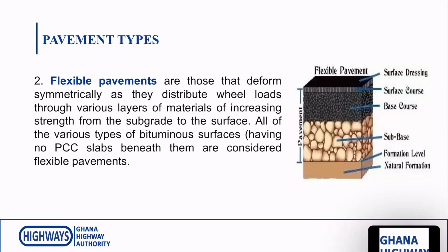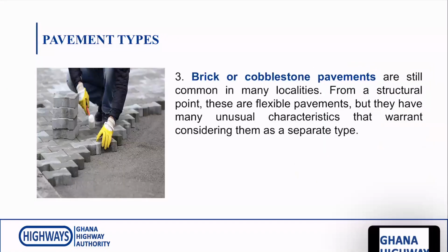The third one is brick, cobblestone, or paving blocks. Now, from a structural point of view, these are flexible pavements. But they have unusual characteristics that warrant them to be treated separately.